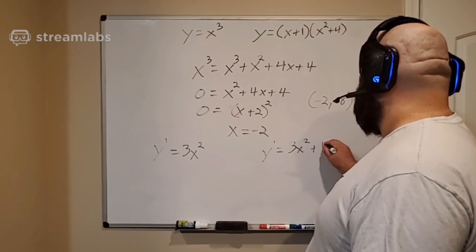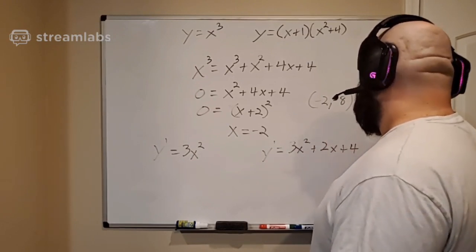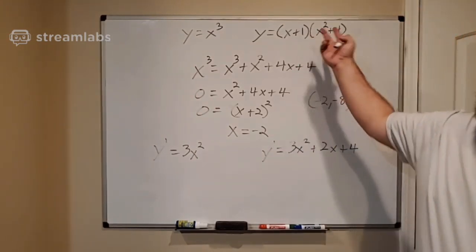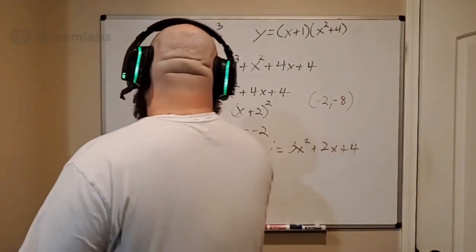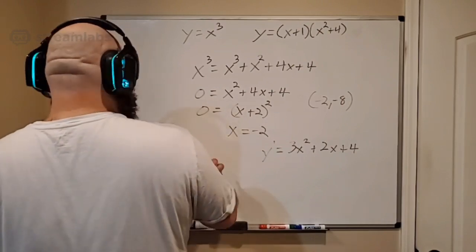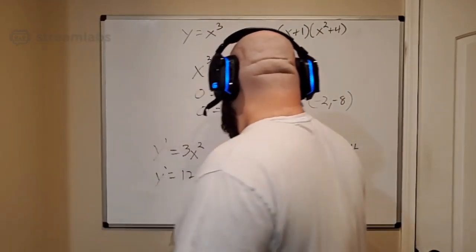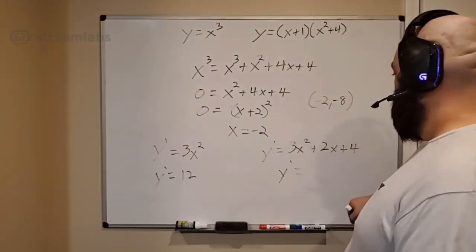I don't think they could make you take the product rule, but you could have done the product rule if you really wanted to, and you would still end up with the same answer. And then just plug in negative 2. So y prime is equal to 12 here, and y prime is equal to 12 minus 4 plus 4, so 12.